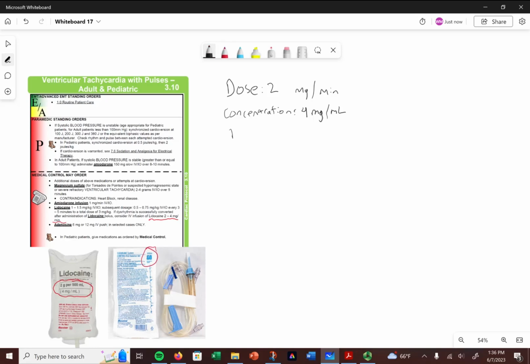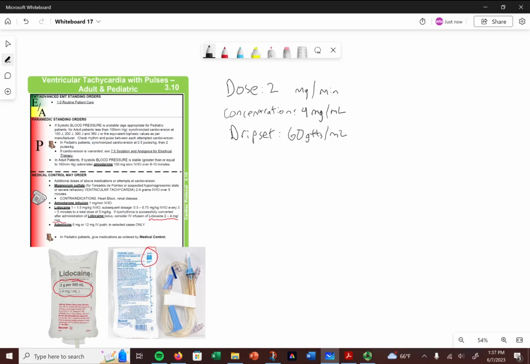So my drip set will be 60 per mL. GTTS, you can literally swap that in for drips per milliliter. 1 milliliter is made up of 60 drips in this drip set. Now I have all my information. My dose is going to be 2 milligrams per minute, my concentration 4 milligrams per mL, and my drip set is 60 GTTS per mL.